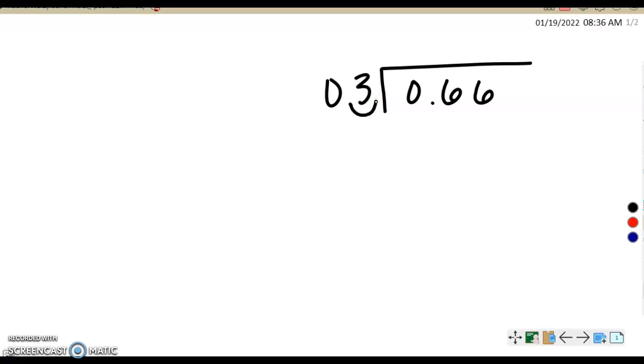Now we have the whole number 3. But the key phrase here, and you're going to hear me say it 100 times, is whatever you do to the outside, you have to do to the inside. So if you move the decimal one spot to the right, you have to do the same thing on the inside.